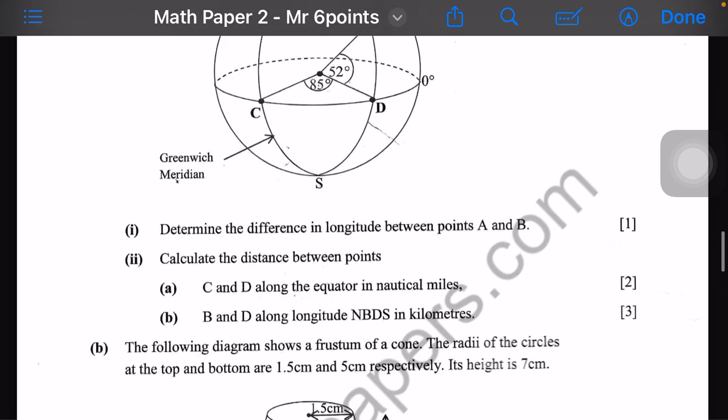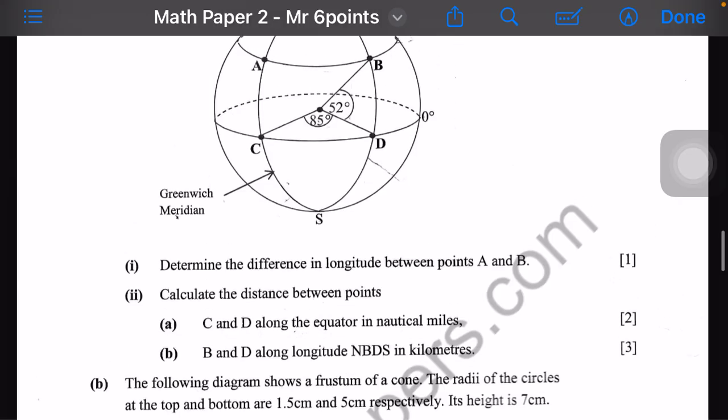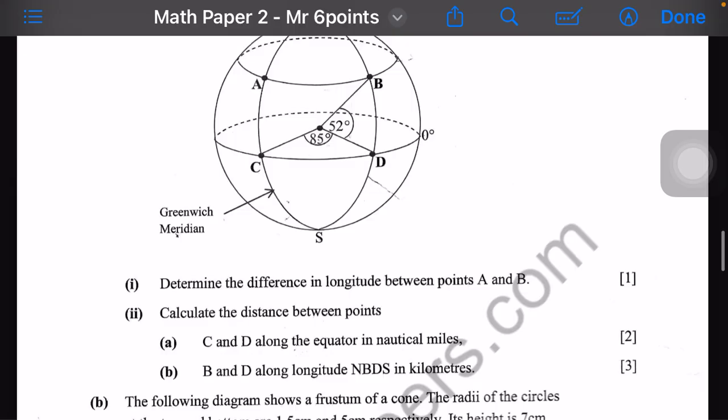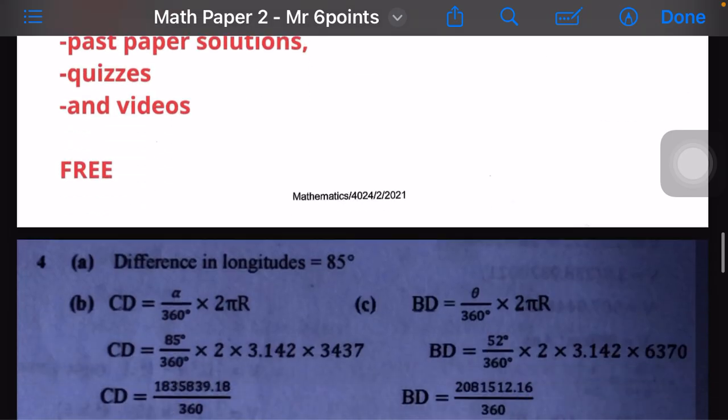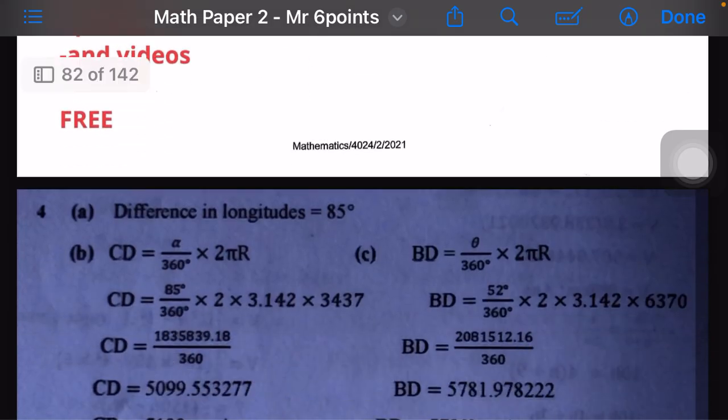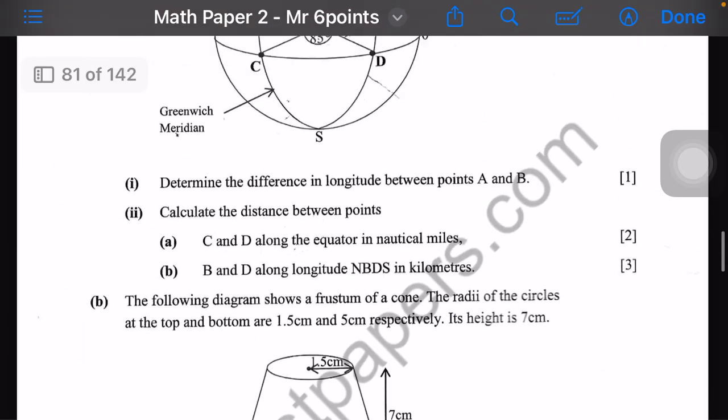The first question reads: determine the difference in longitudes between points A and B. How do you determine the difference? The difference is simply 85 degrees.